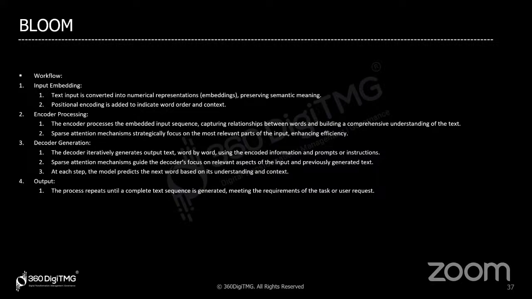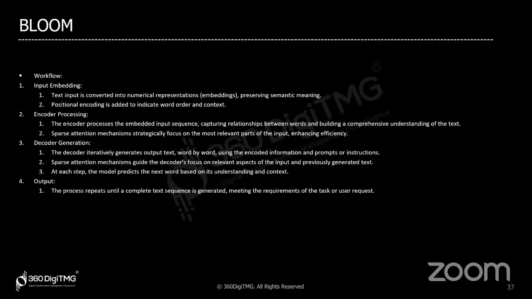The encoder processes the embedded input sequence, capturing the relationships between the words and building a comprehensive understanding of the text. Then there is the sparse attention mechanism, which strategically focuses on the most relevant parts of the input, enhancing its efficiency. Then there is decoder generation. The decoder iteratively generates the output text word by word using the encoded information and prompts or instructions.